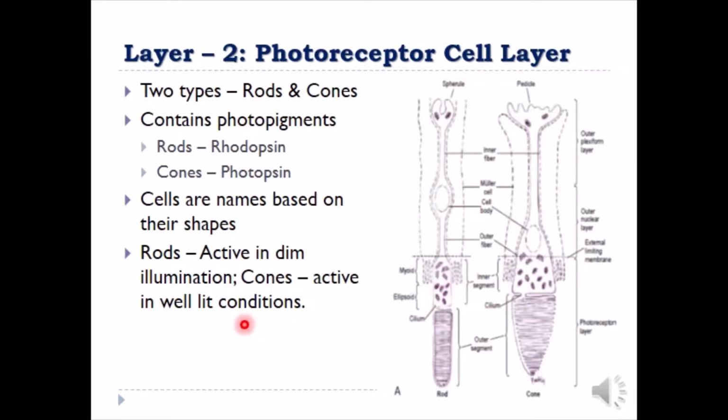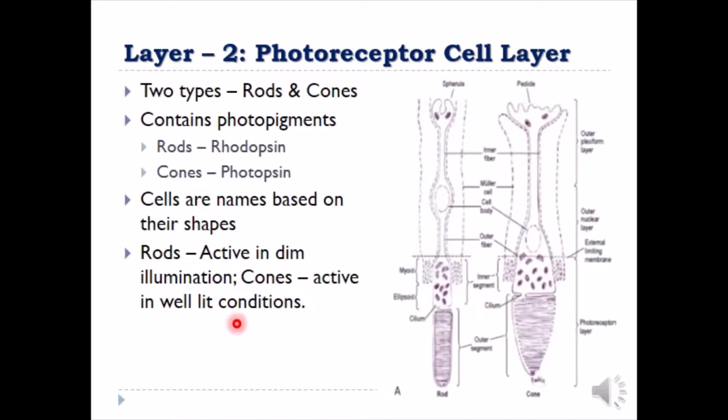So what is the basic difference between rods and cones? Rods are active in dim illumination. For example, when we go outside in the evening, when it is about to get dark, or when we go outside in the dark or at night, rods help us to see in dim light as well as at night. Cones, what are their functions? They are active in well lit conditions.